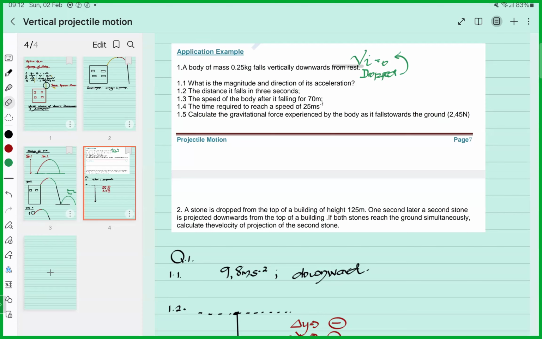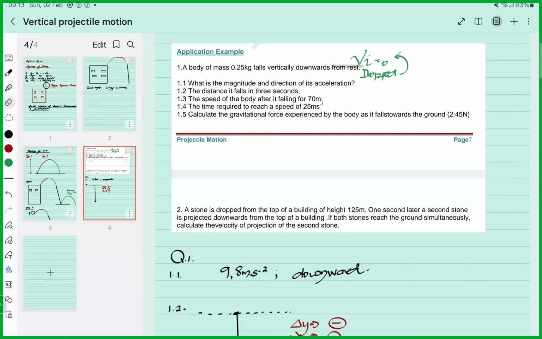In simple words, don't make the easy tasks difficult. The easy task is figuring out which equation you're going to use. The only way you're going to figure out which equation you're going to use is if you know the equations off by heart. If you don't learn these equations, you're going to suffer in the easy questions and you're going to suffer in the difficult questions.